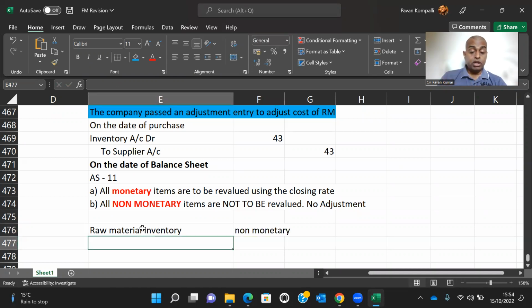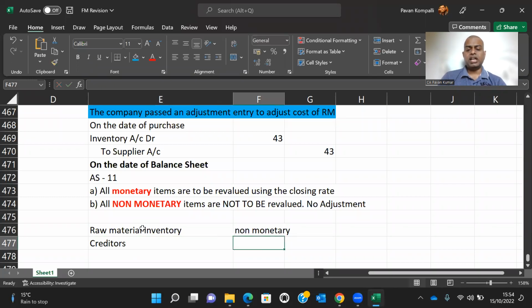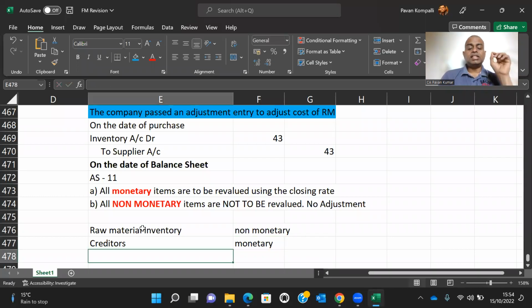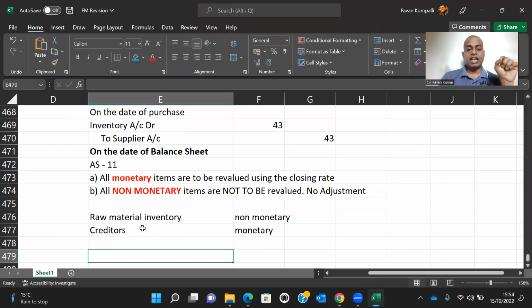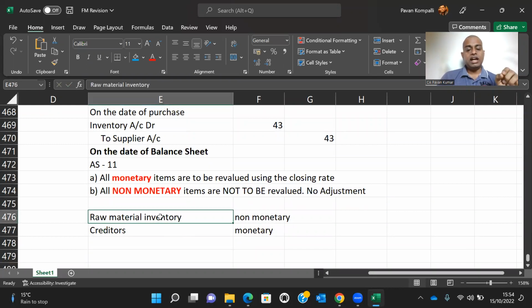Okay, now you tell me. Suppliers, creditors, accounts payable: monetary item or non-monetary item? This shameless accountant adjusted this. Which is to be adjusted?